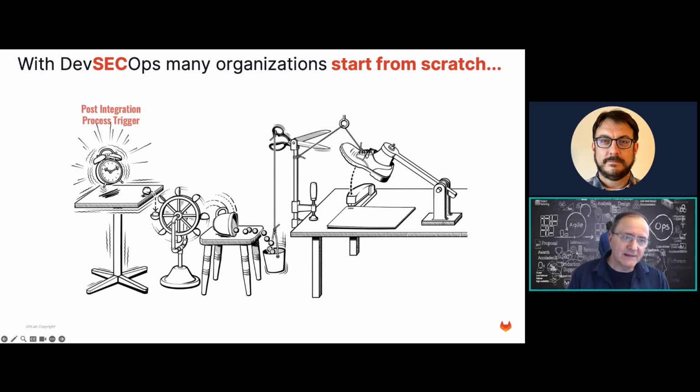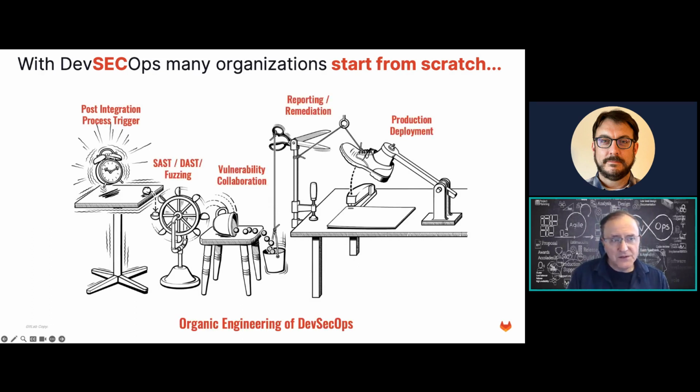But this really ends up repeating the cycle that we had in do-it-yourself DevOps, which was that we end up with a Rube Goldberg machine with a lot of unnecessary process delays, a lack of automation, a lack of security process automation. And so an organically engineered DevSecOps can end up really going back in time and using some old methods that we should probably leave in the past.